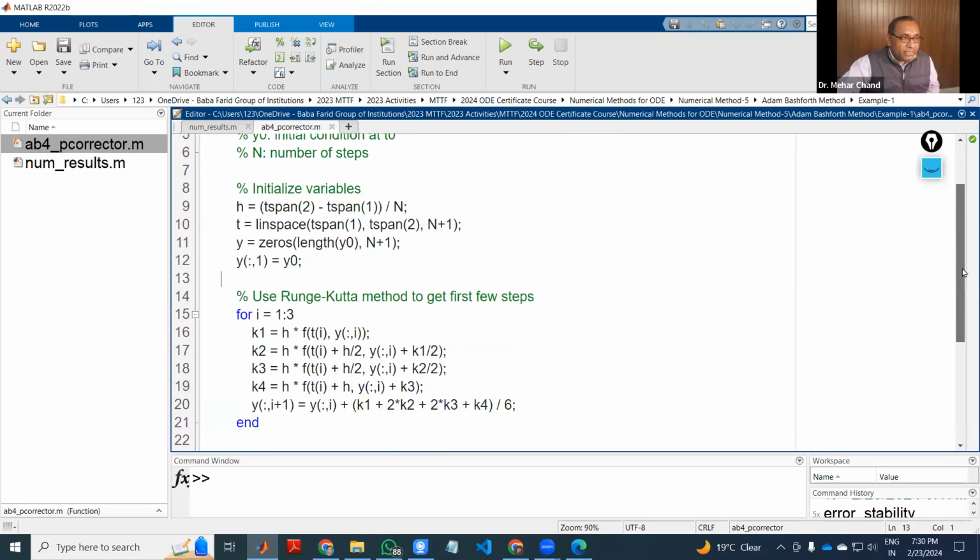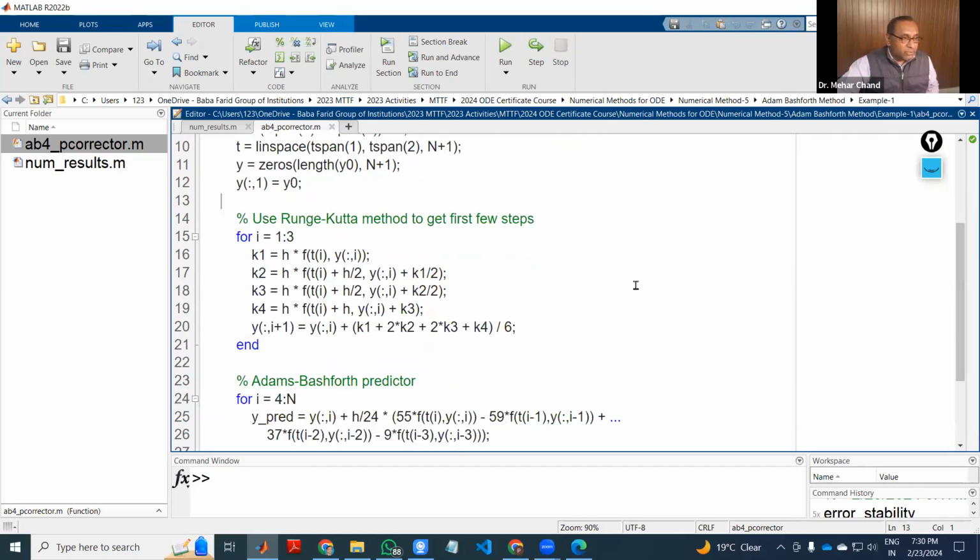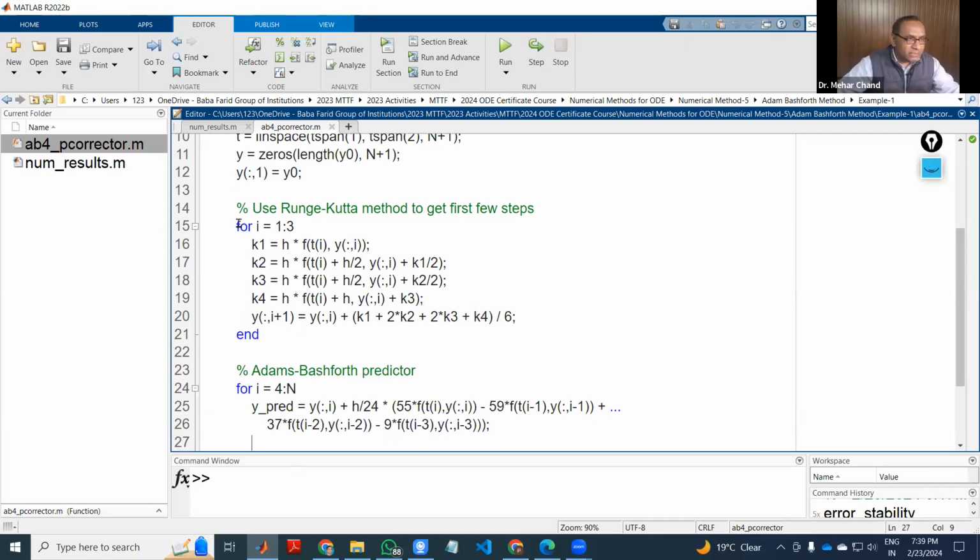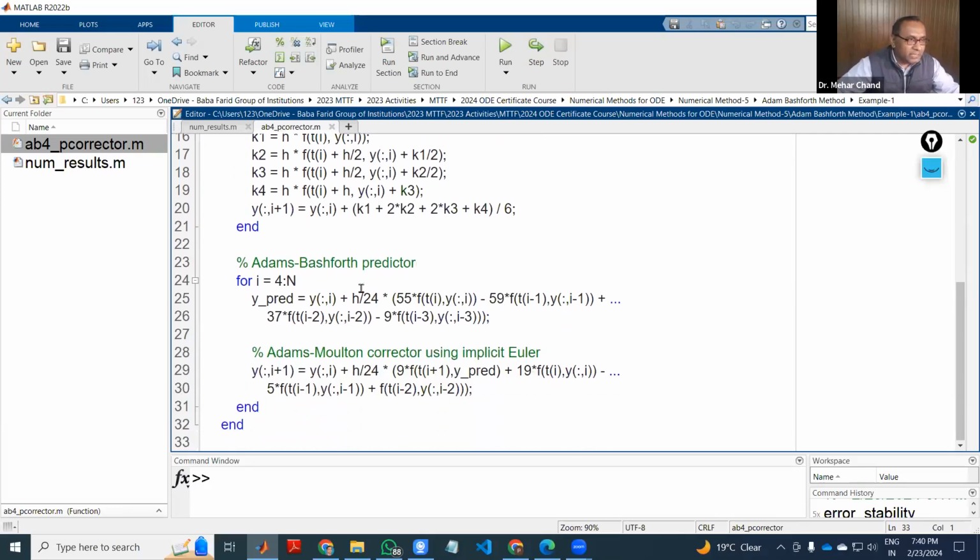And then we are using here to compute the values for fourth order, y1, y2, y3 and y4 corresponding to the index. We are using the Runge-Kutta method at this place to compute the initial values which are required to implement this Adams-Bashforth predictor. You can see the for loop which we are using is going to start from i equal to 4 to n.